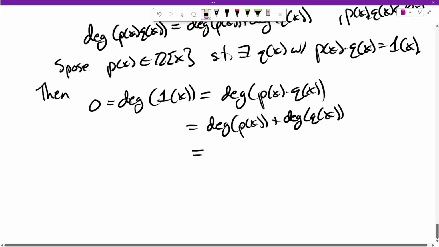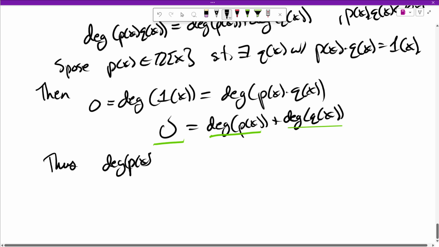So what do we have here? We have a non-negative number and a non-negative number, and they have to add to 0, because that's the left-hand side. So this tells us that the degree of p and the degree of q are both 0. The only way to have two non-negative things adding to 0 is if they're both 0.